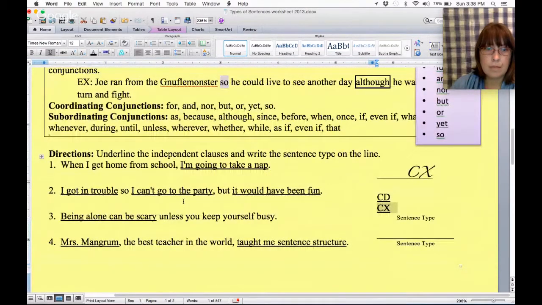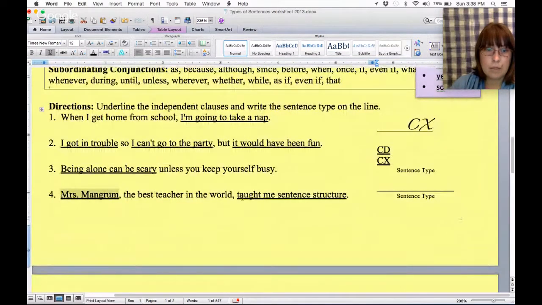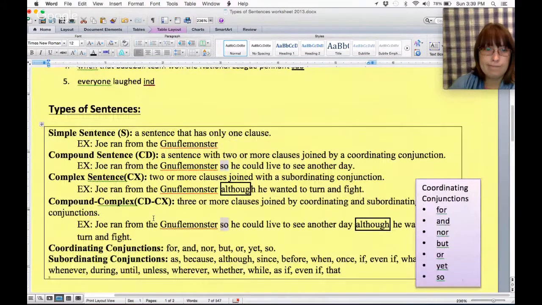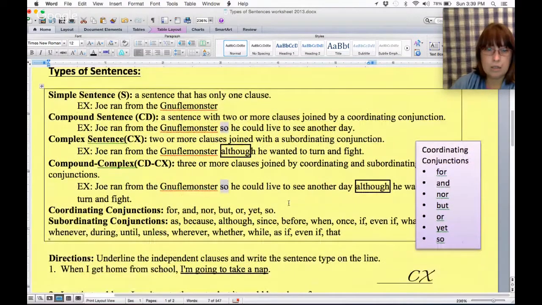Okay, so we've underlined Mrs. Mangrum taught me sentence structure. That is one thought there. Then we have this part that's got these commas, the best teacher in the world. Well, we don't have any coordinating conjunctions. We don't have any subordinating conjunctions.